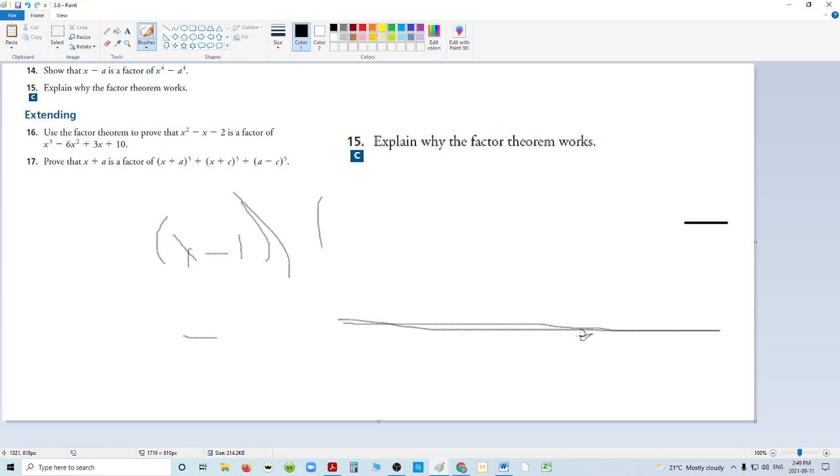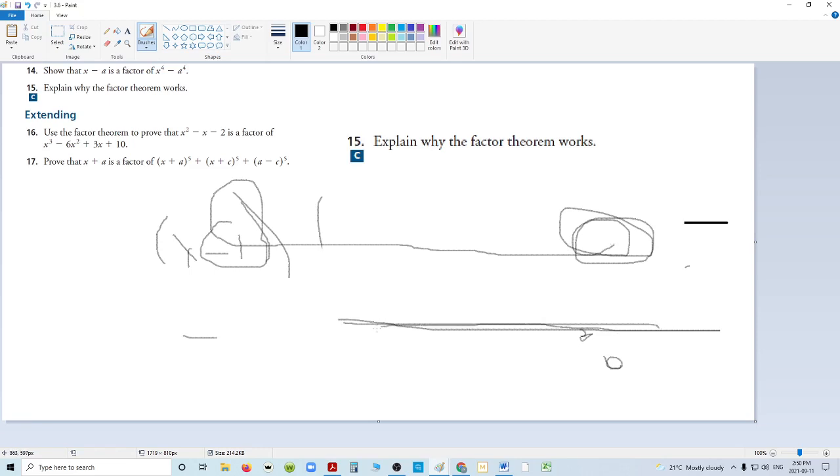If it's on the x-intercept line, y is 0. If y is 0, it means that when I plug in plus 1 into this equation, the whole thing would come out as 0. Therefore, a root, when plugged into the equation, will produce a remainder of 0 because it's always on the x-intercept.